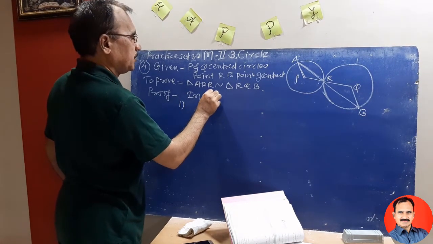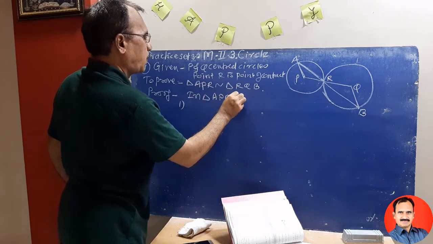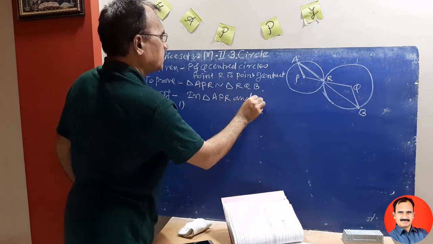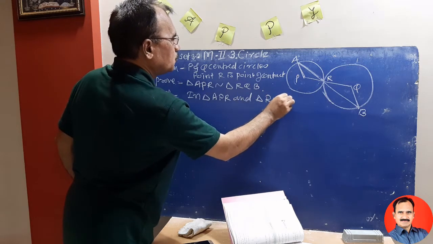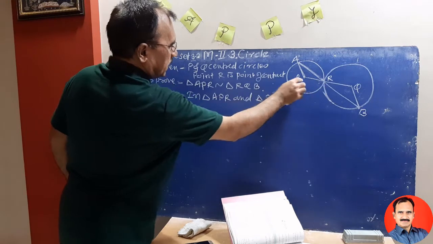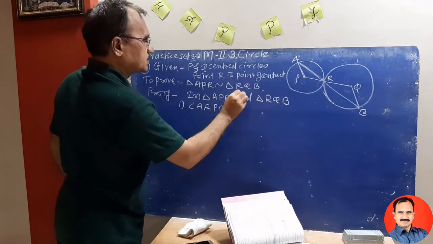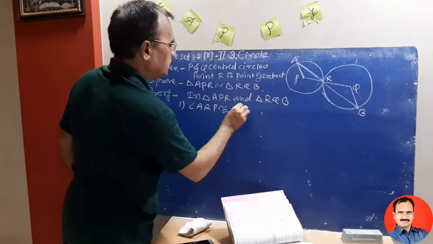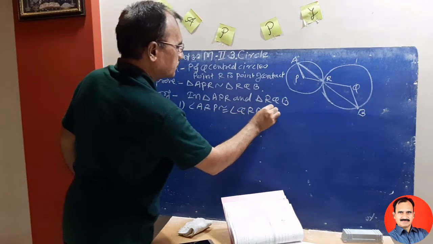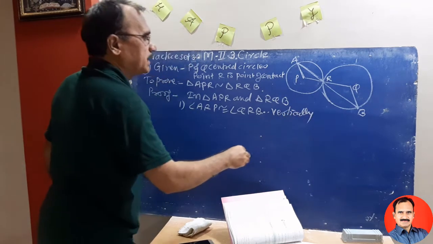In triangle APR and triangle RQB, angle ARP is congruent to angle QRB, vertically opposite.